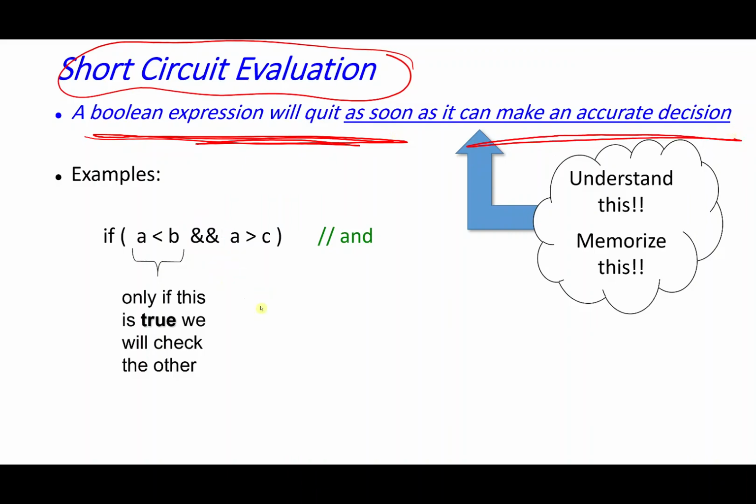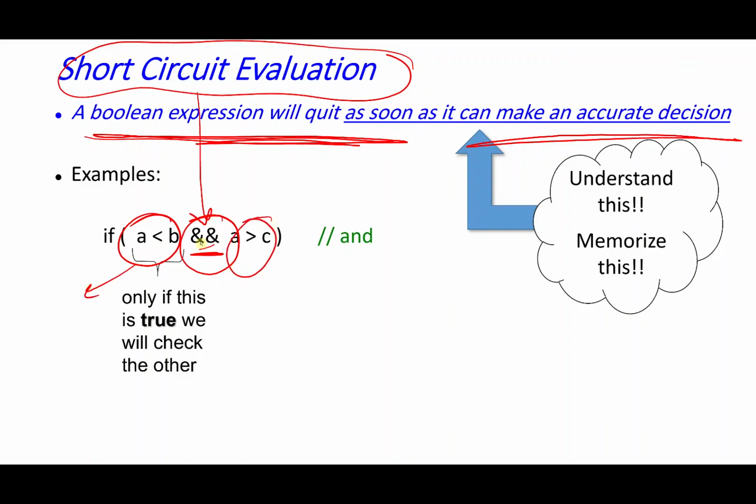For example, if this evaluates to false, in and with two ands, so the short circuit evaluation, if you use two ands or two ors. So if this evaluates to false, false and anything is false, right?